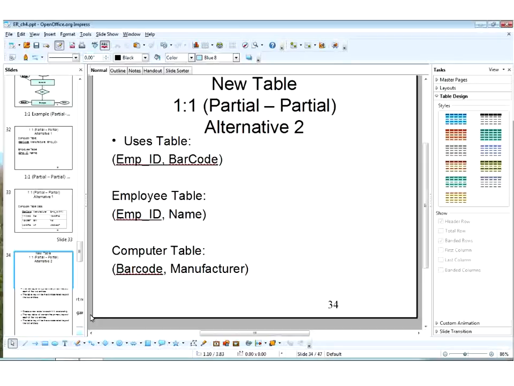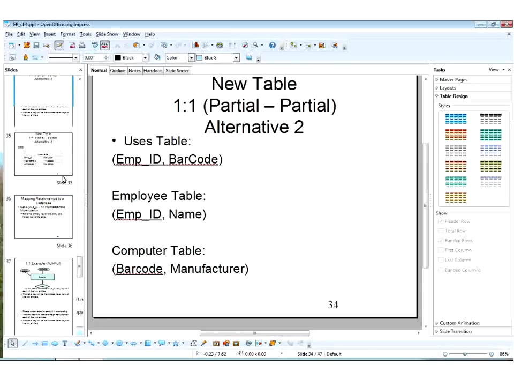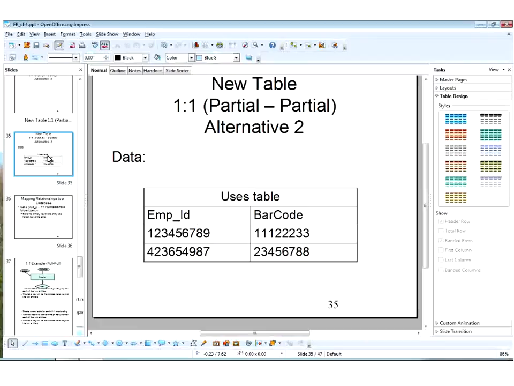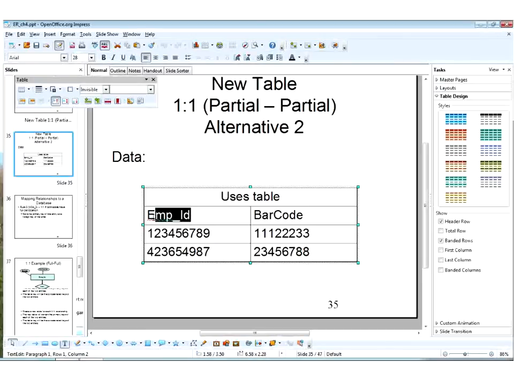No redundancy here either. And here's the data of the new table. And just to show you that they're both part of the primary key. There we go.